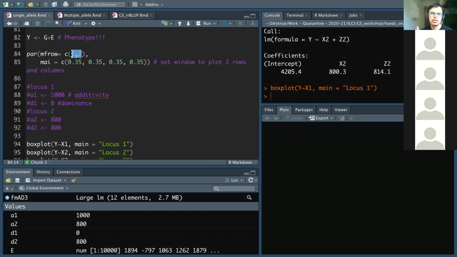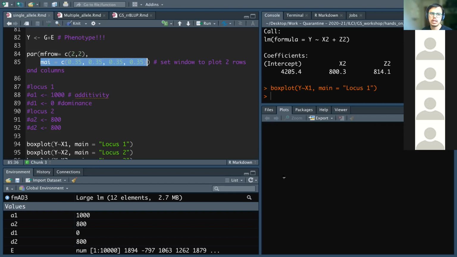So basically I'm going to split the plot window, this one, as I know that I'm going to use 4 different plots. So I'm going to split into 2 columns, 2 rows, and that is going to give me the space for the 4 plots. And this is just the margins, to fit the graphic a little better.